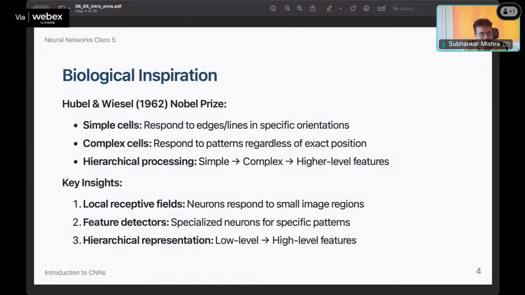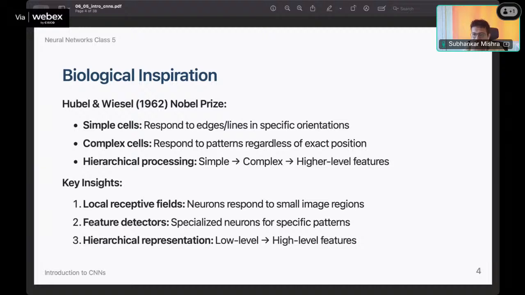Let's look at some history. CNN, of course, was not invented in a vacuum. In 1962, Hubel and Wiesel did an experiment, and they won the Nobel Prize for it.